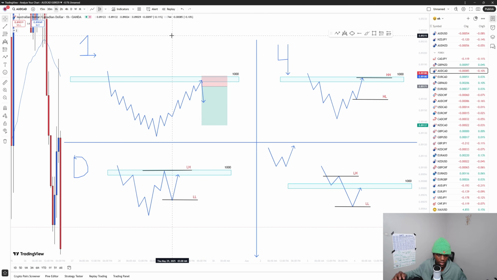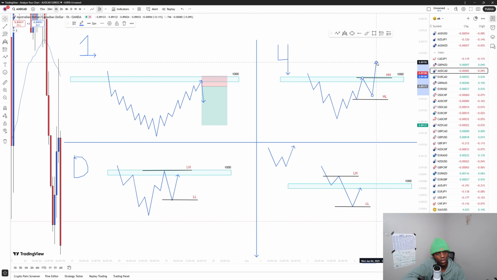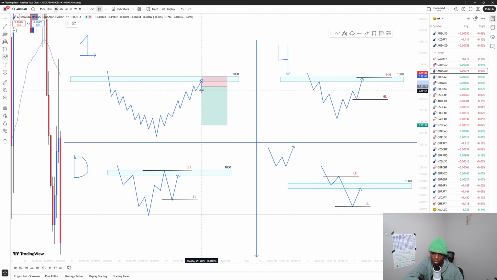Okay, so here is the problem. Like I said, a bullish market moves in higher highs and higher lows. Alex tells us to enter when we see the shift of structure on the lower time frames. Let's say we have our shift of structure right here. 1 hour shifts bearish.